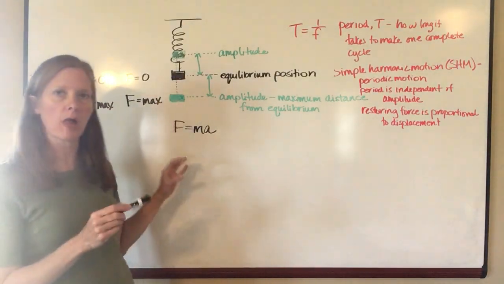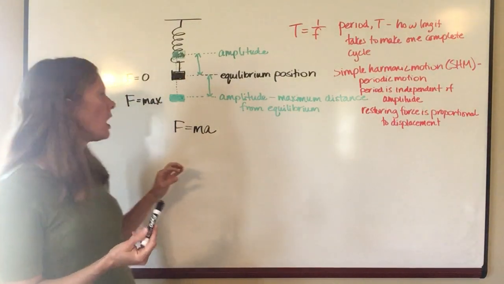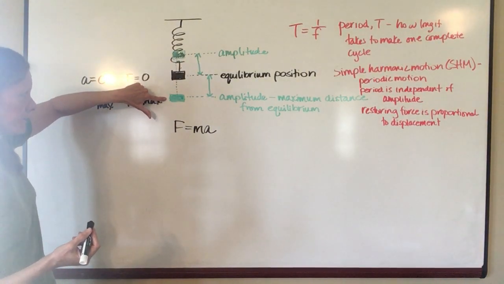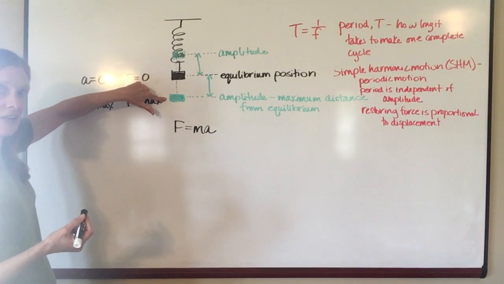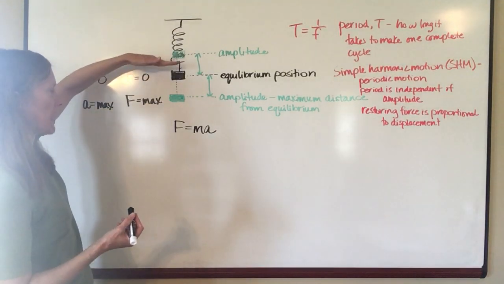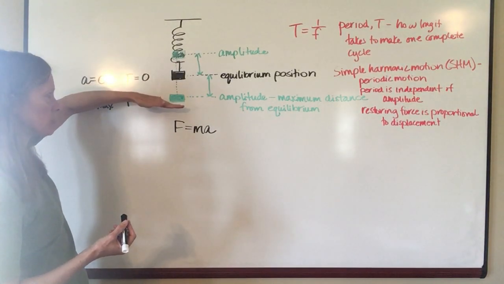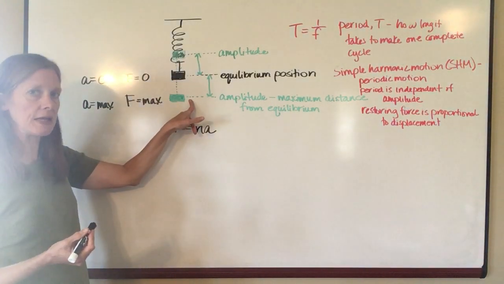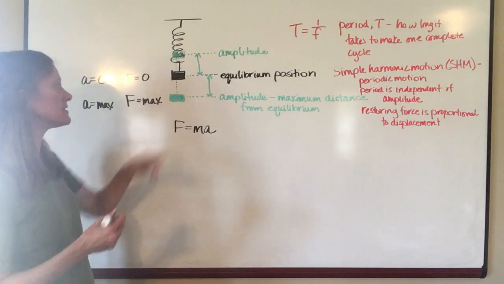I'm going to go ahead and throw this other piece in here. We won't talk about it a whole lot until we start talking about energy. But at this particular point, when we are changing directions, the mass has gone down, and then it's going to change direction, and it's going to go back up. There is a particular point in time right here where the velocity is 0.